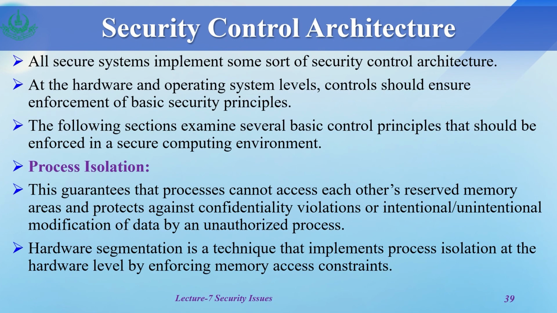Security control architecture. All security systems implement some sort of security control architecture. At the hardware and operating system level, controls should ensure enforcement of basic security principles. The following section examines several basic control principles that should be enforced in a secure computing environment.